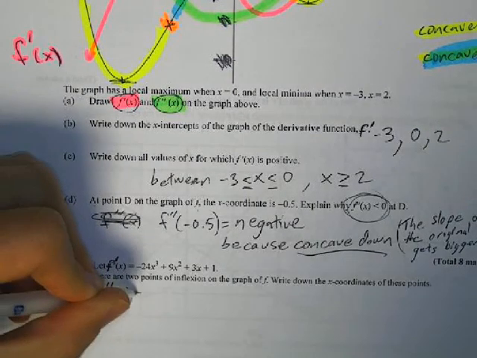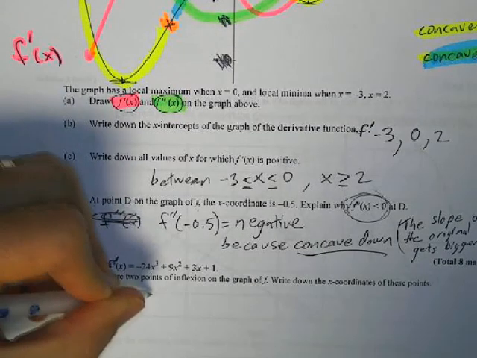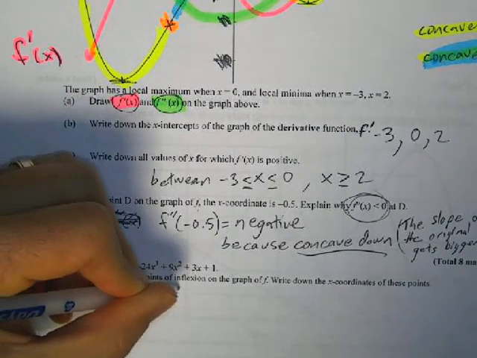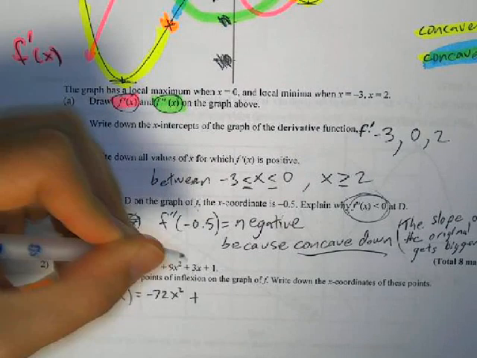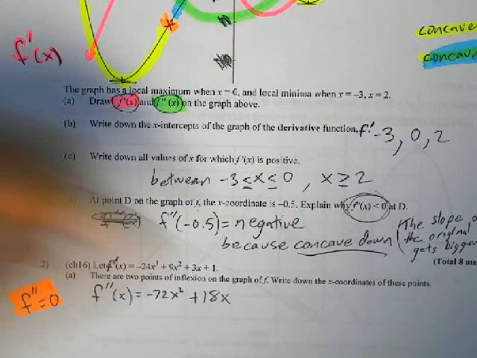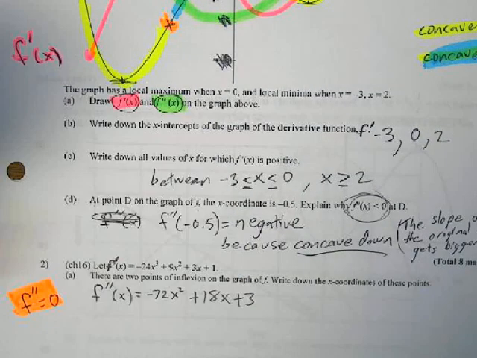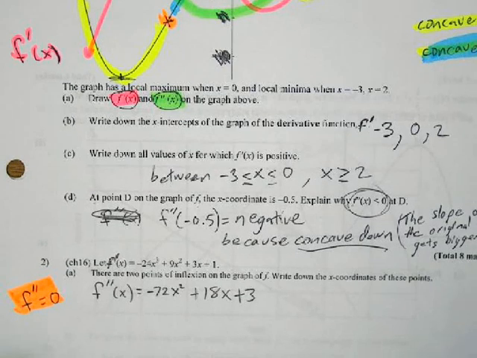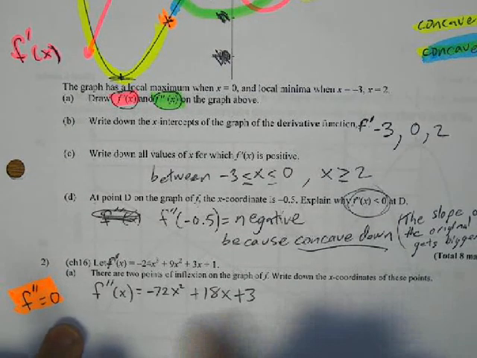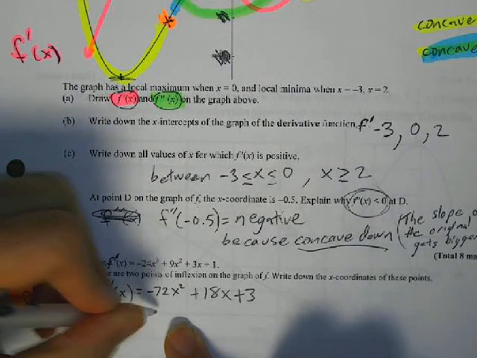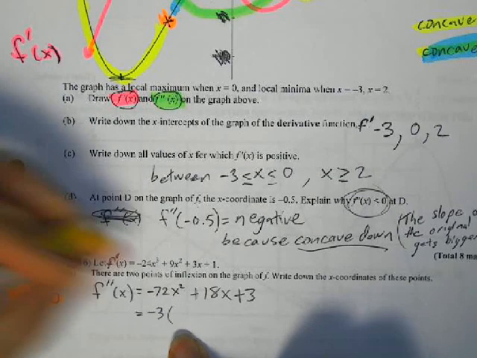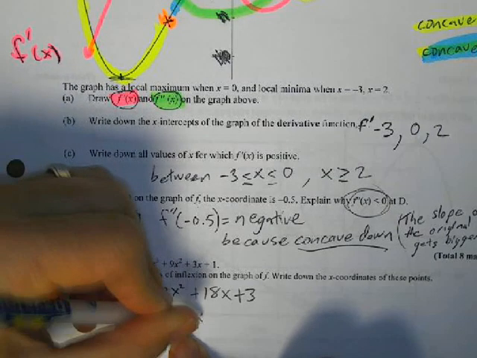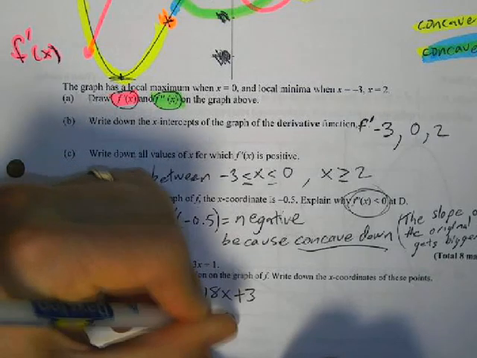So we get negative 72x squared plus 18x plus 3. Okay, we want to find out when the second derivative is equal to 0. We can see that we can factor out a negative 3, and then we get 24x squared minus 6x minus 1.